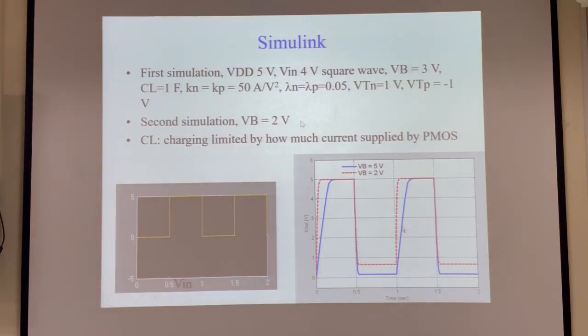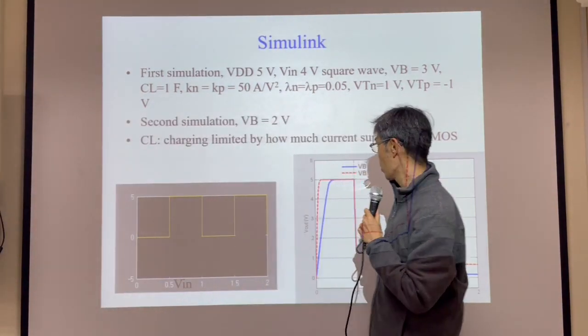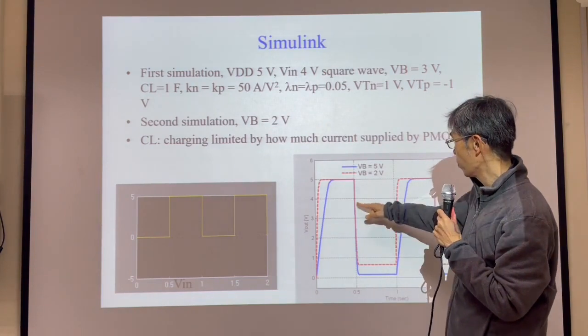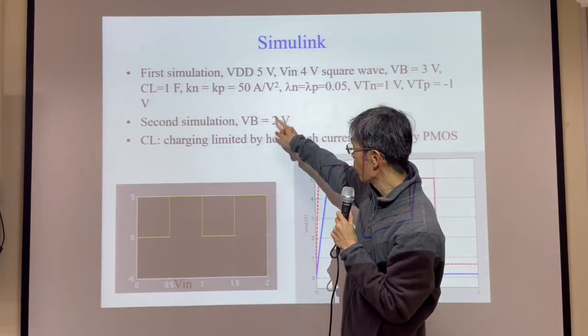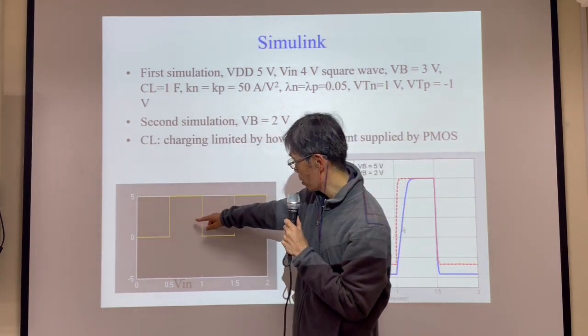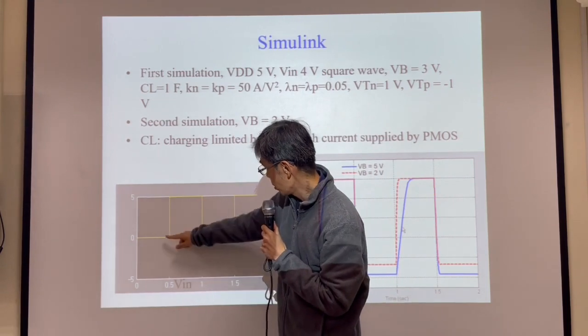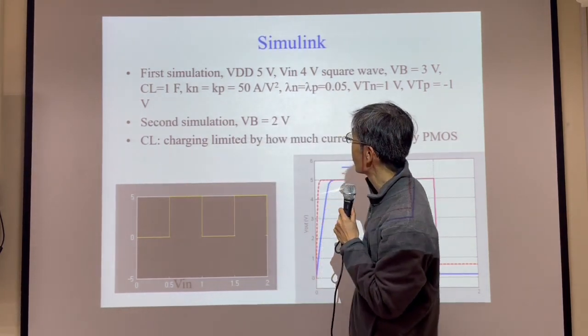Okay, for the Simulink model, VDD is 5 volts. This is VE. VE is a square wave from 0 to 5. Okay, I use 0 to 5.